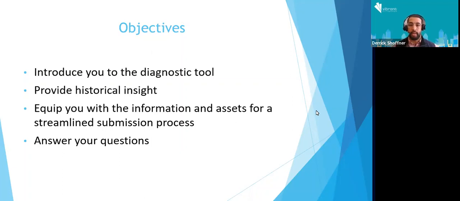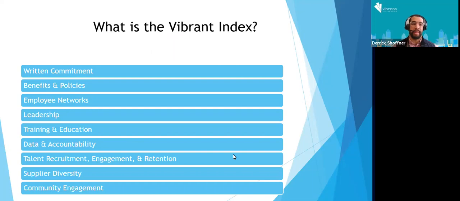So with that in mind, we will jump right into the Vibrant Index, providing you context as to what it is. As mentioned, the Vibrant Index is in its fourth iteration as a diagnostic tool. The underpinnings of this assessment are to assess the internal and resoundingly external practices of your respective organization, benchmarking those in comparison to best practices in diversity, equity, and inclusion.